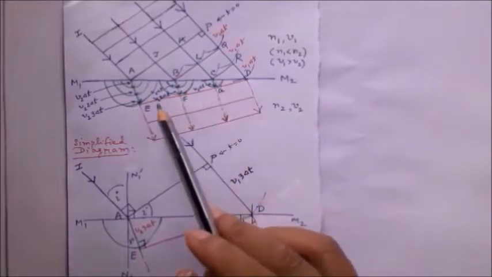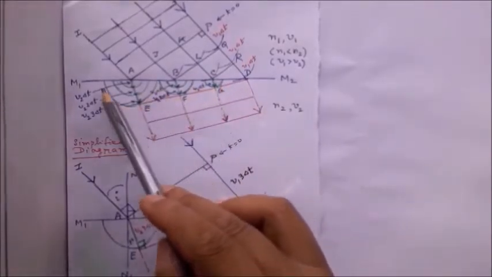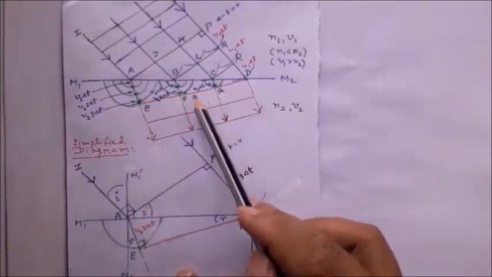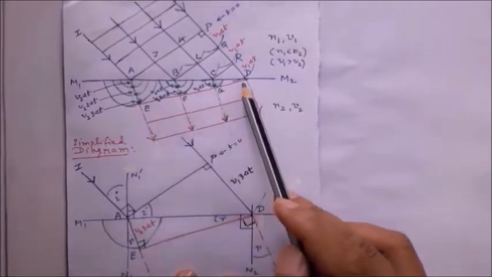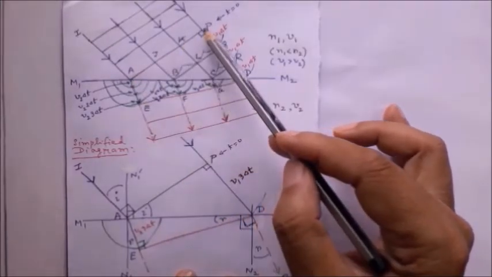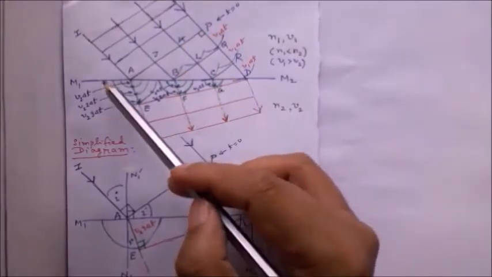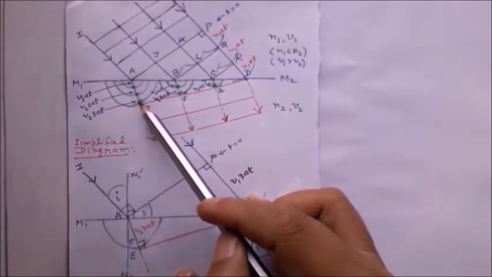How did we get it? This is the common tangent to these secondary waves as per Huygens principle. So this is the refracted wavefront EFGD, and the incident wavefront was AJKP, and the radius here is v2 into thrice delta t.